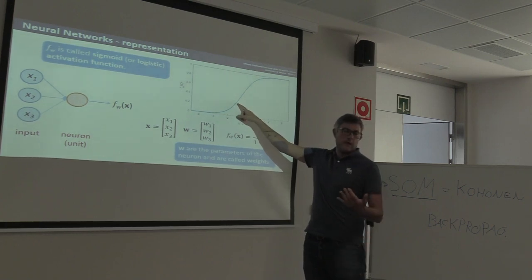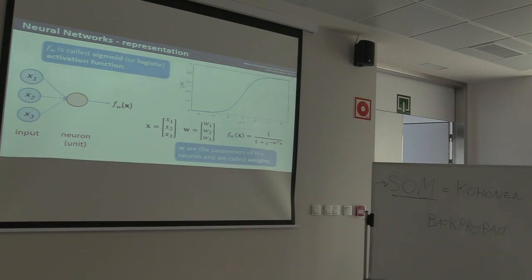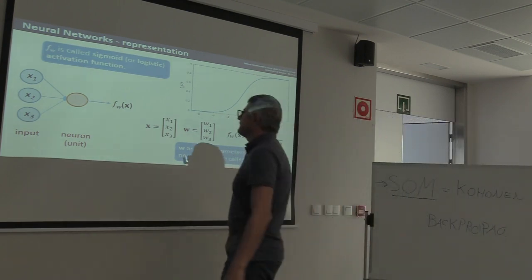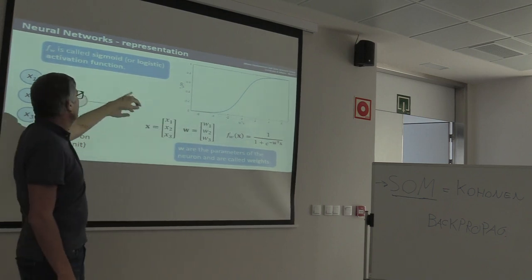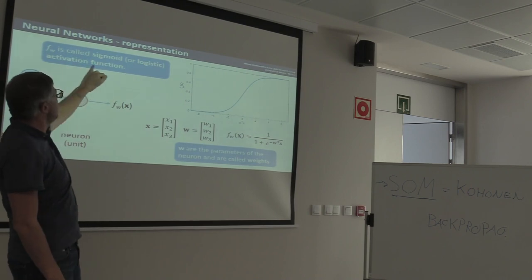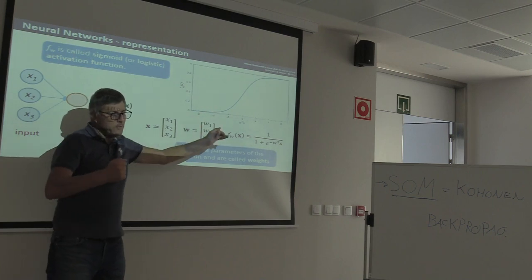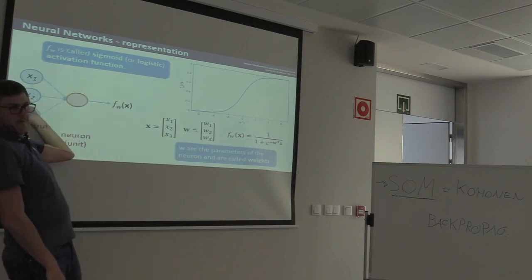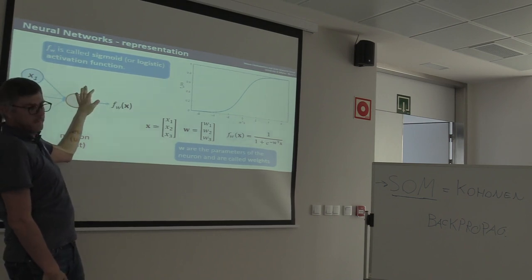Of course, everything I'm explaining can be modified, having different types of neural networks. So I'm just explaining the general approach. This is a logistic function. How does it work? It's also called an activation function. It's the function which is used to get the information from the variables to the neuron.